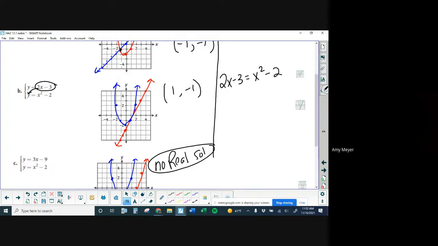Go ahead and get everything to one side. You can factor, but I am going to do it with the quadratic formula because I want you guys to see something.